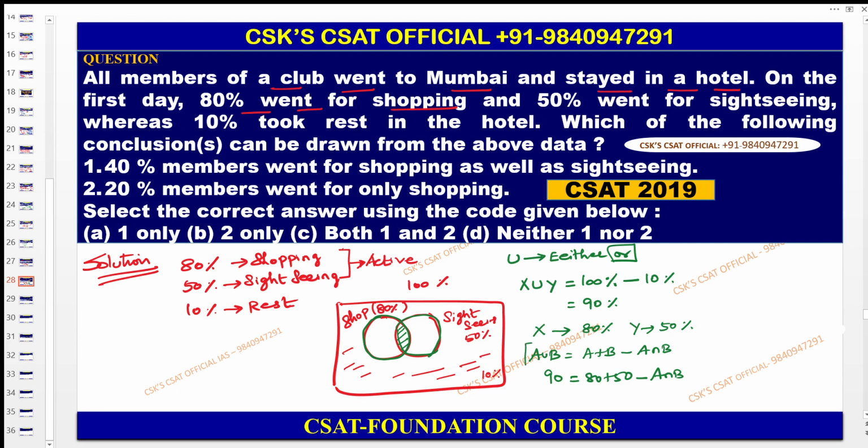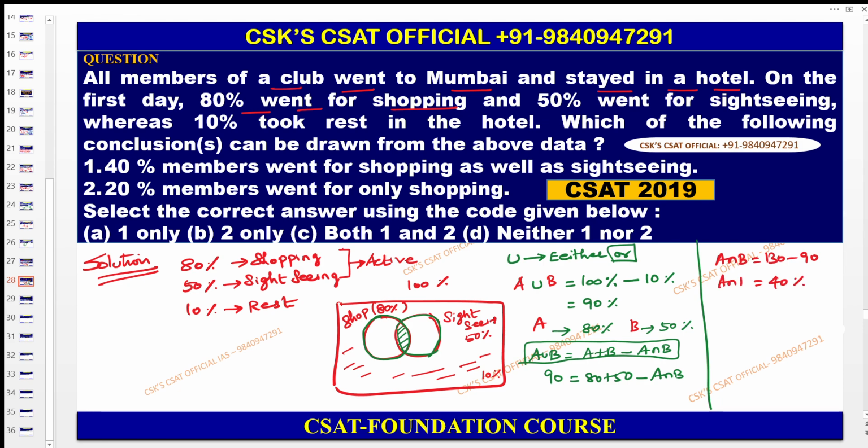I gave you the formula in terms of A and B, so I am keeping it here as A and B. Don't confuse with the x and y. If you want, let me change it to A and B also, since people should not get confused. So now this is A, B, A, B. Now you can easily find out the A intersection B. A intersection B is equal to 130 minus 90, which is equal to 40%.